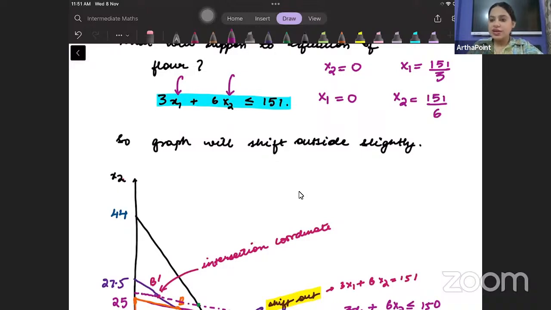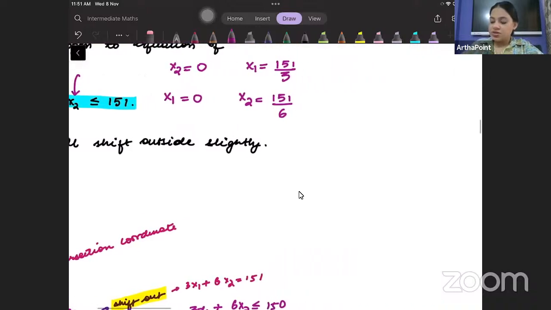So 151 divided by 3 gives you 50.34, right? And 151 divided by 6 gives you 25.167.